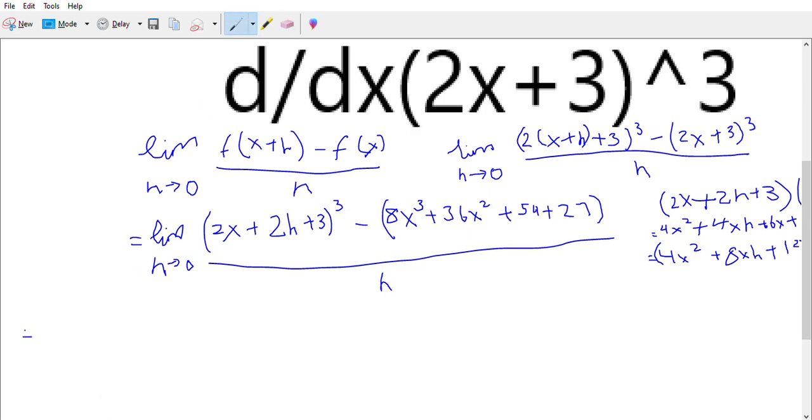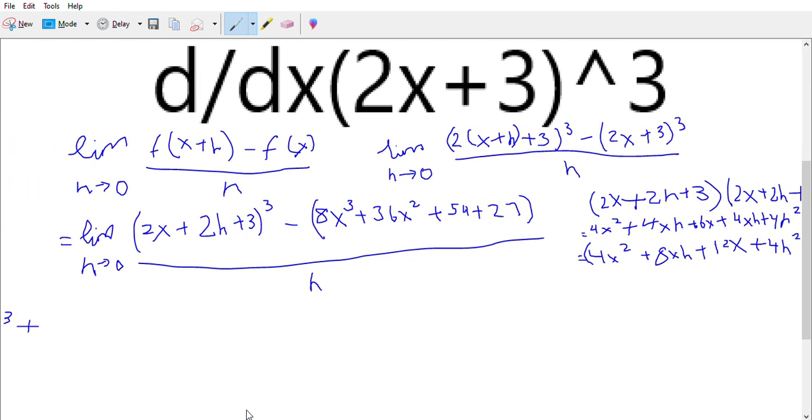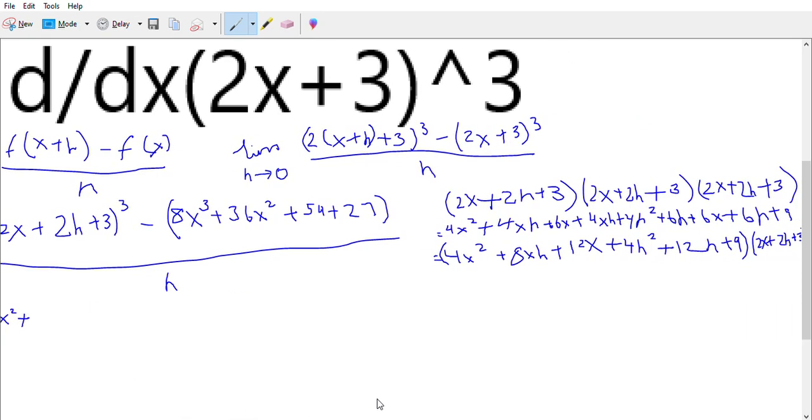So now this is basically 8x cubed plus, I'm sorry, I'm going to have to move back and forth here because it's a challenge. 8x squared h, 8x squared h, plus 12x squared, and now plus 8xh plus 2x.